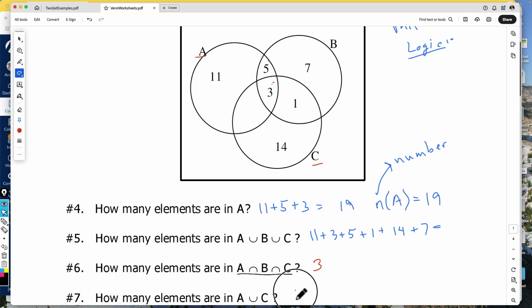A union C is 11 plus 5 plus 3 plus 1 plus 14. 25, 30, 34. All right.